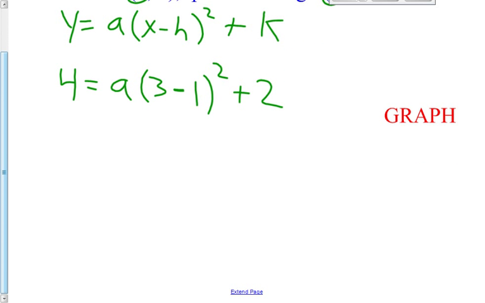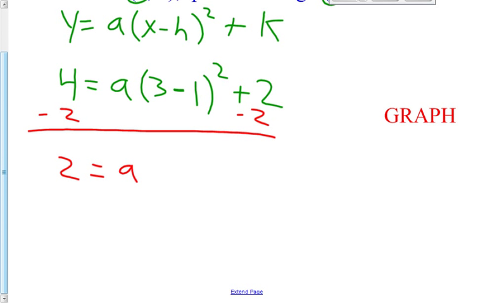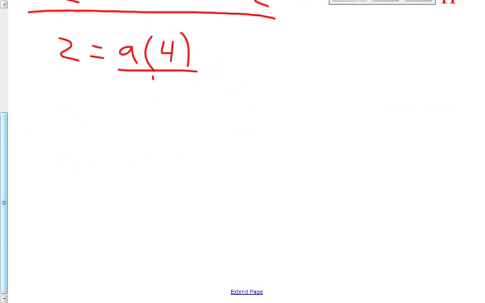Subtract 2 from both sides. We have 2 equals A times 3 minus 1 equals 2. And 2 squared is 4. So my A value, when I divide by 4, I get A to equal 2/4, which is a positive 1/2.